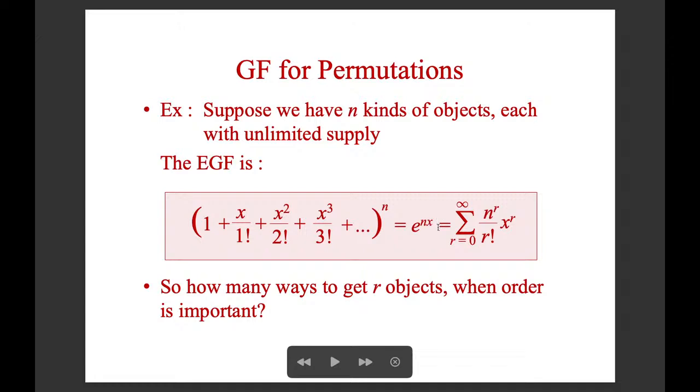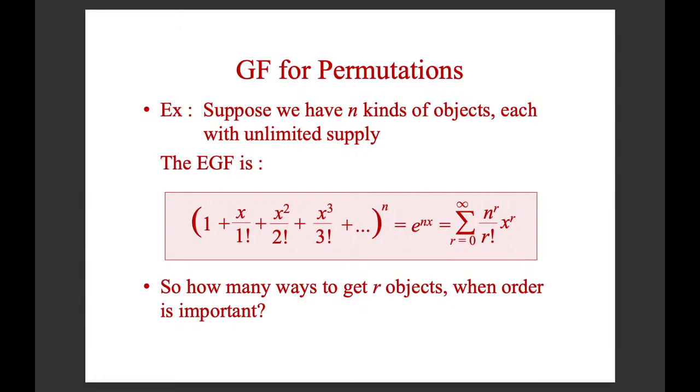If we use Taylor's expansion, we will get the summation of n to the power r divided by r factorial, times x to the power r, summed for all the cases of r equals 0 up to infinity. So we see that the coefficient of x to the power r, if you multiply it by r factorial, gives the number of permutations where we select altogether r objects.